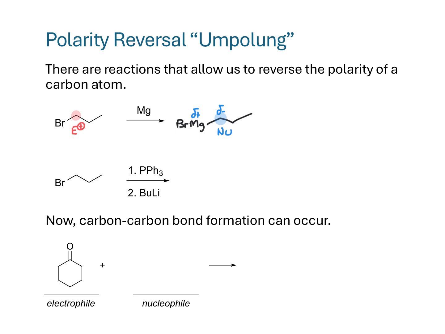Another way to reverse the polarity of a carbon is by forming a Wittig reagent. So again, same organobromide here. Right now this carbon is electrophilic.